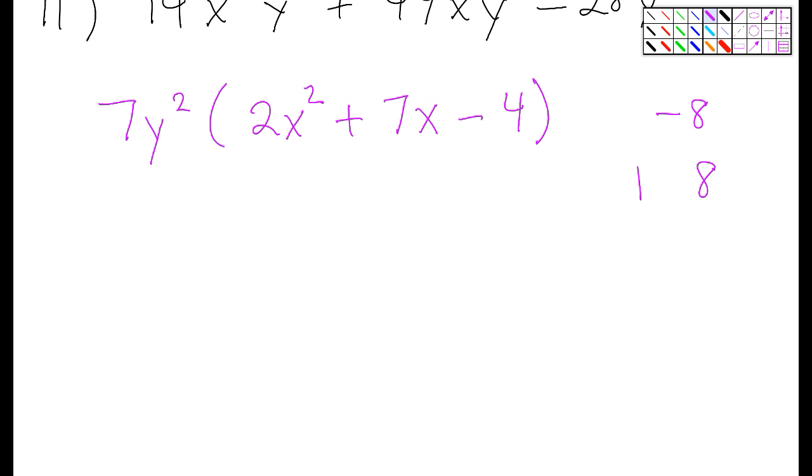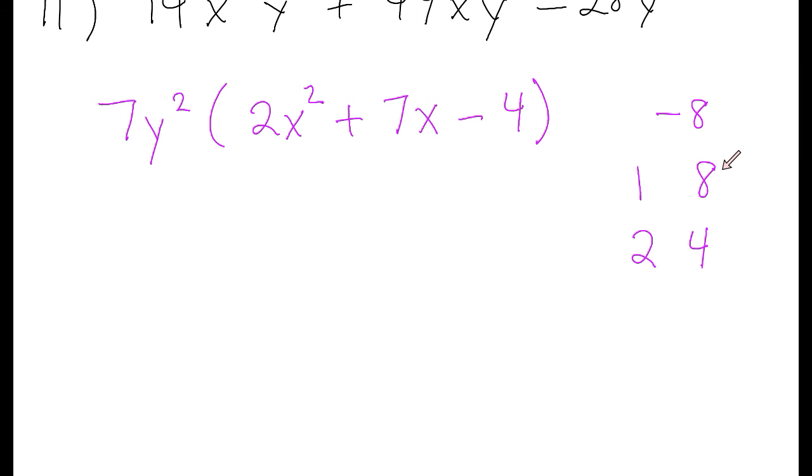And again, you can list minus 1 and 8, or 1 and minus 8. It's up to you. We also have 2 and 4. That's not so bad. Those are the only two pairs. Which of these pairs could possibly add or subtract to give me 7? Well, 8 minus 1, I think that's going to do it for us.